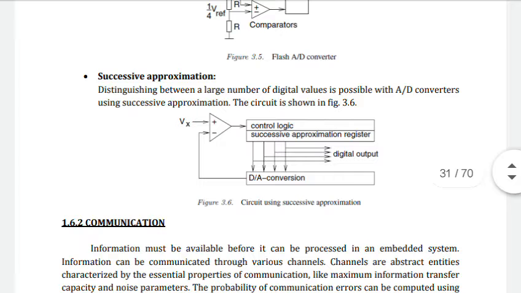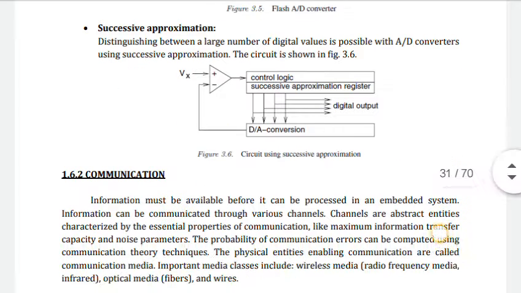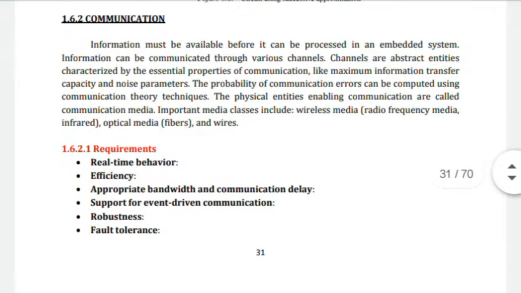Okay. Next one is communication. The information must be available before it is processed in an embedded system. So before processing, the information must be available.